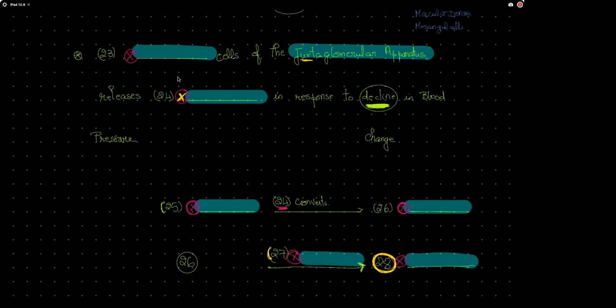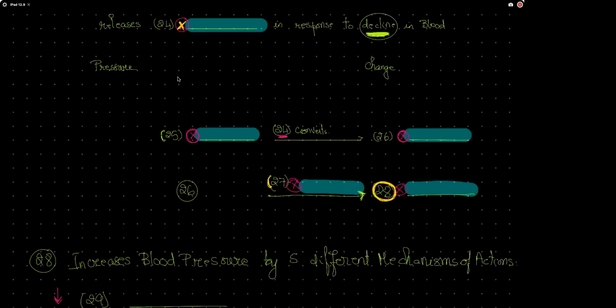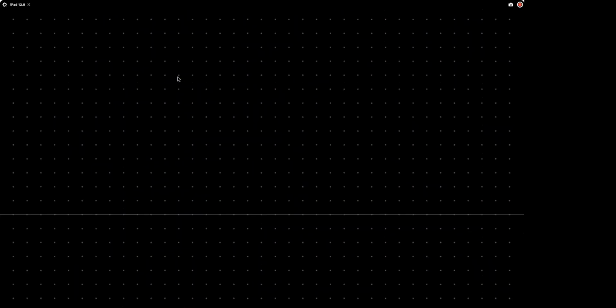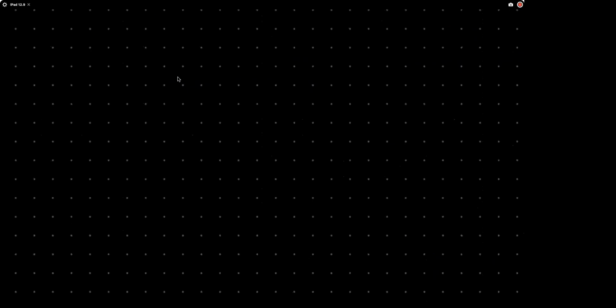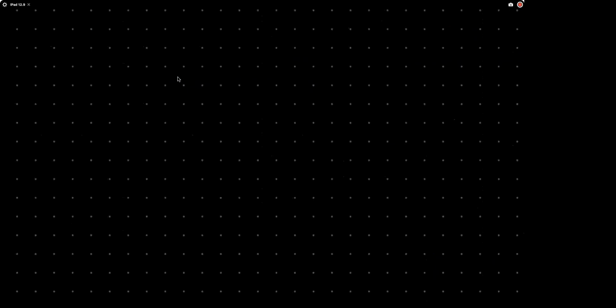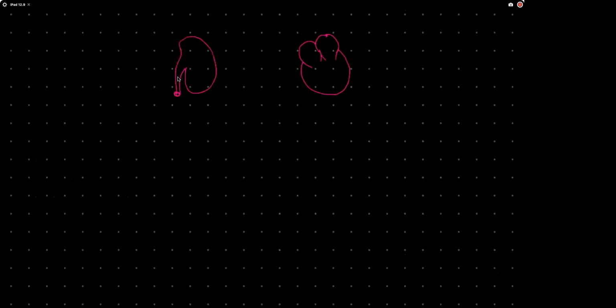All right, so what have we got here? So before we start responding to this question, let me give you a quick reminder of the two organs that are responding to changes in the blood pressure, and those are the kidneys and the heart. Two possible changes of the blood pressure.